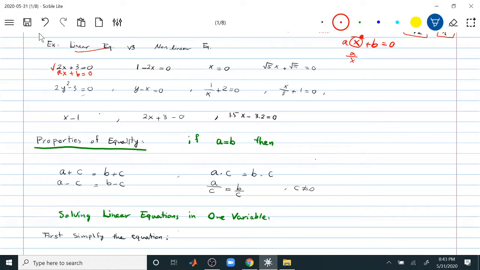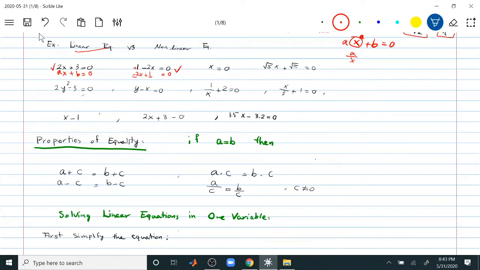This is definitely a linear equation. How about 1 minus 2x equal to 0? The arrangement does not really matter. You can rewrite this as negative 2x plus 1 equal to 0. a is -2, b is +1. This is still a linear equation.